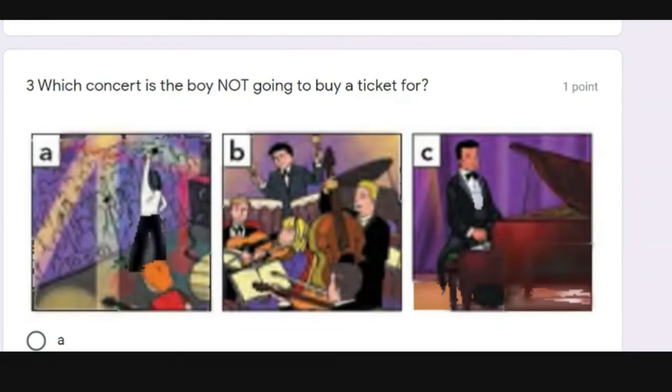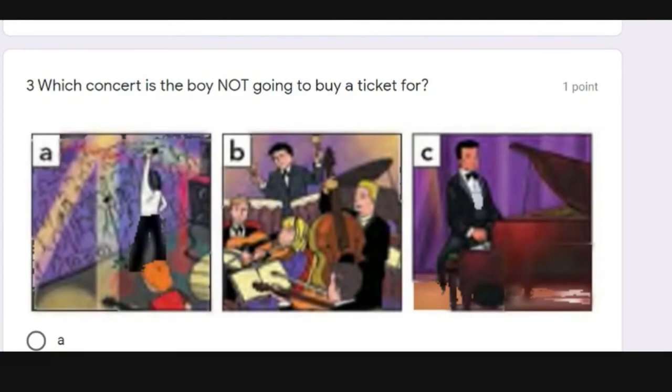B and C, they are playing classical music. Classical music is like those Beethoven songs, Mozart, all those songs. Okay, all right, so now let's listen to this audio and see which concert the boy is not going to buy a ticket for.